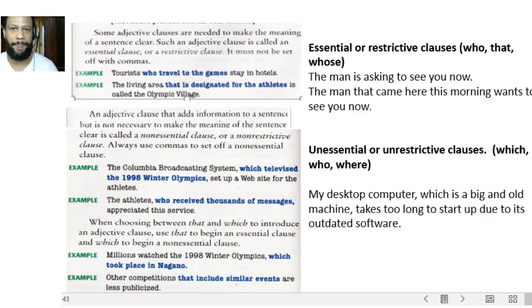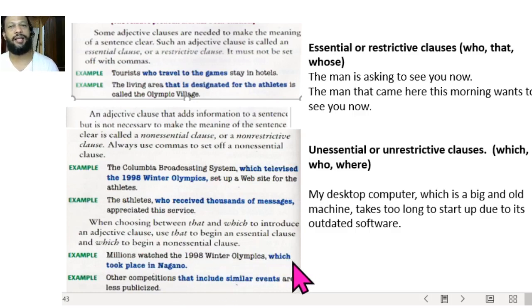You see? Next example. The athletes, who received thousands of messages, appreciated this service. The athletes appreciated this service. Okay? It's complete. Next, millions watched the 1998 Winter Olympics, which took place in Nagano. Okay?